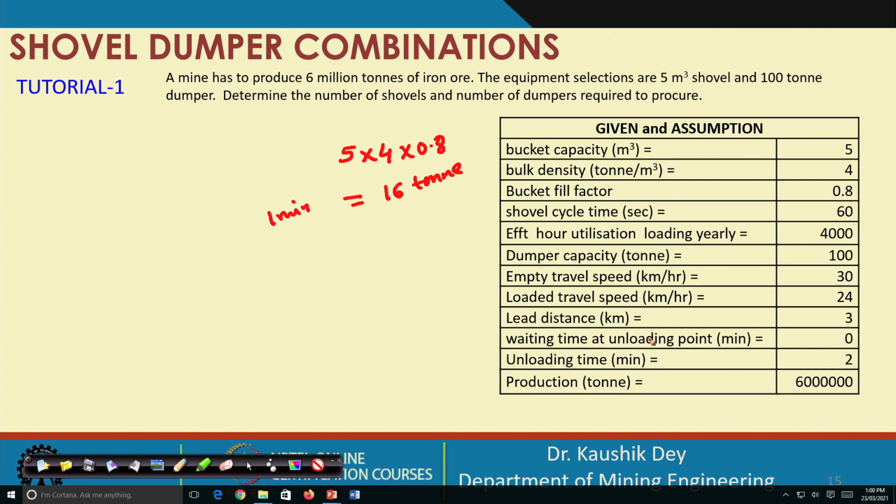The available hours are 4000 into 60 minutes, so the load is 16 into 60, which is 64 into 6. This is the total production, the volume that can be loaded by one 5 meter cube excavator.